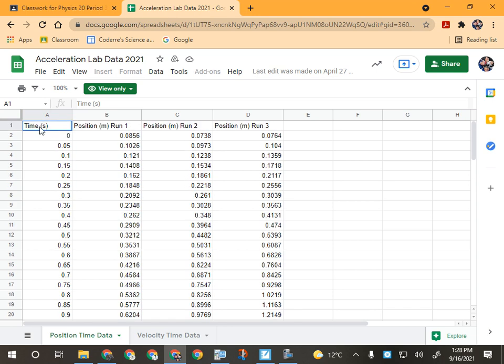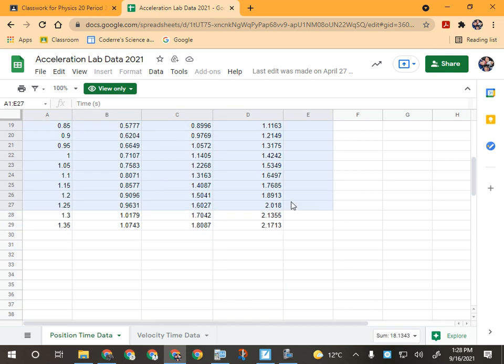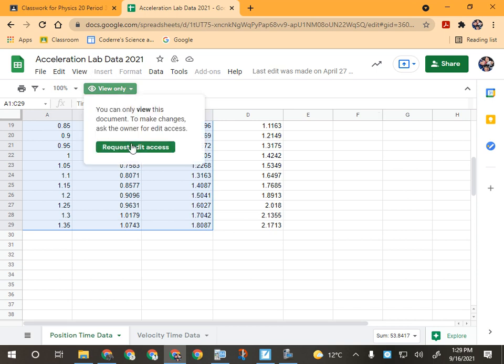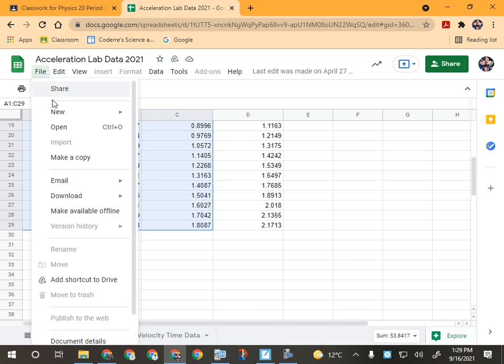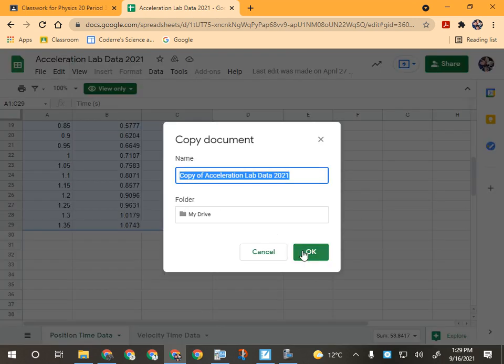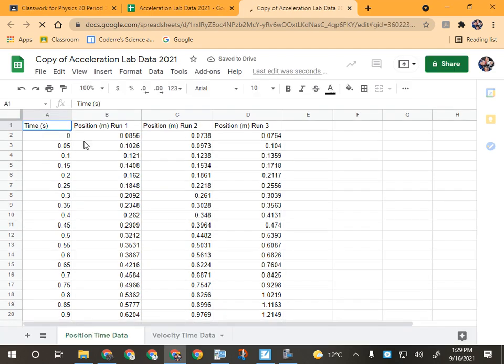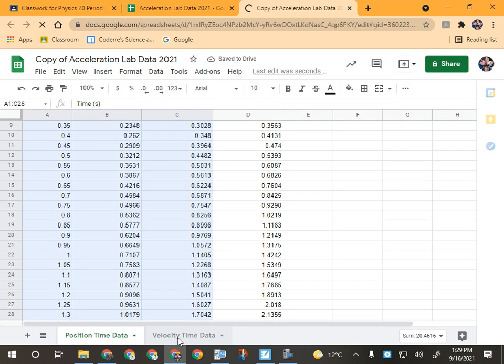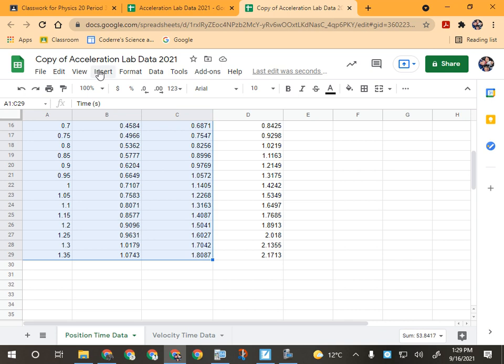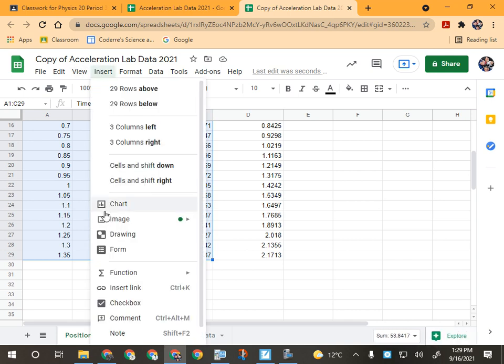All right, so when I'm building the graphs, remember I just highlight all my data, and I'll only highlight 2 runs. So I insert chart.